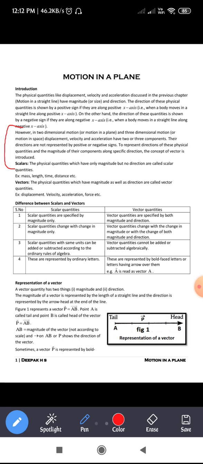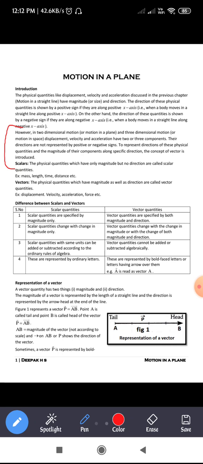Similarly, when we take three dimensions, there is space. So in that case, how are we going to represent the direction of displacement, velocity, and acceleration? How are we going to represent the positive and negative side? We cannot write simply positive and negative. Then how are we going to represent that?